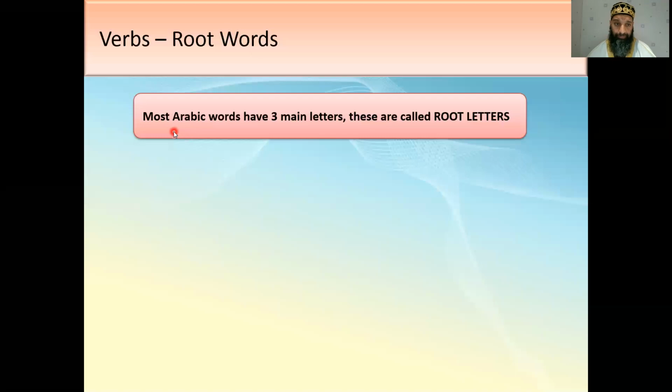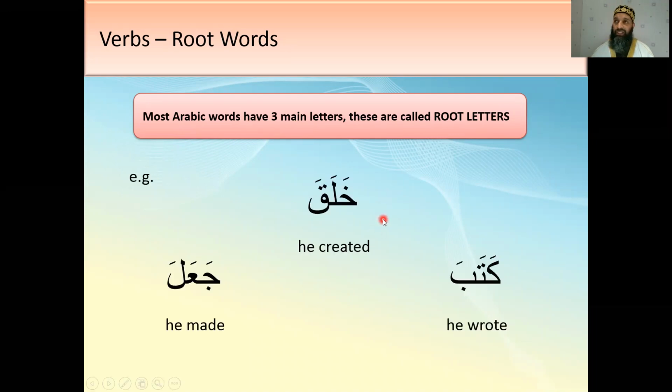Fi'l in Arabic. So most Arabic words have 3 main letters. Okay, so I think that should be most Arabic verbs have 3 main letters. These are called root letters. So you might hear sometimes somebody doing a talk and he says this word, it comes from this root word.